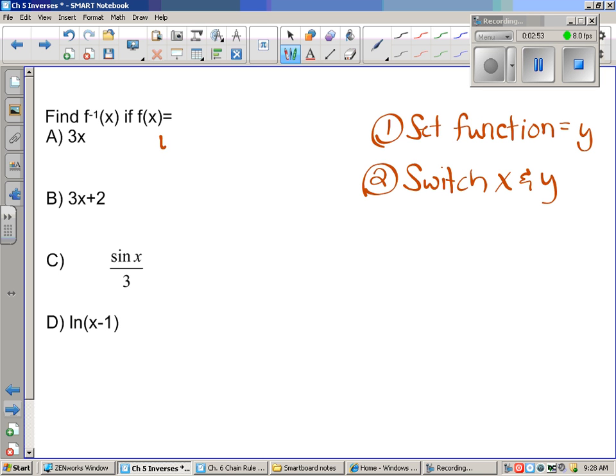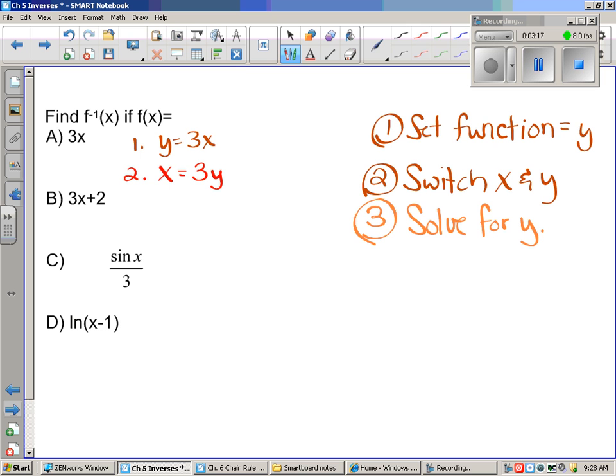So we have y equals 3x. That's the first thing. I'm going to set it equal to y. Then the second step, that's step number 1. Step number 2 is I am going to now switch the x and the y around. So I have x equals 3y. Do you see what I mean by switch x and y? We're going to switch them around. Everything else is going to stay put. Then step number 3 is we're going to solve for y.